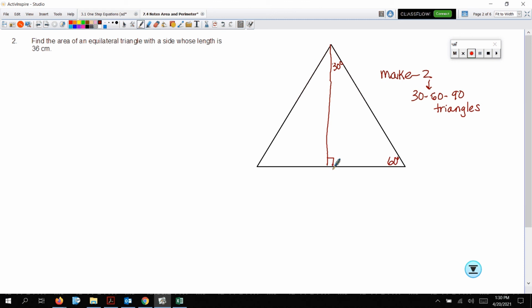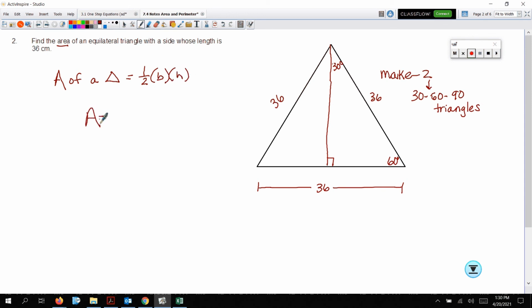So it says find the area of an equilateral triangle whose side length is 36. Remember that's the whole base here, and this is 36 over here, okay? So remember the area of a triangle is 1/2 times the base times the height, right?